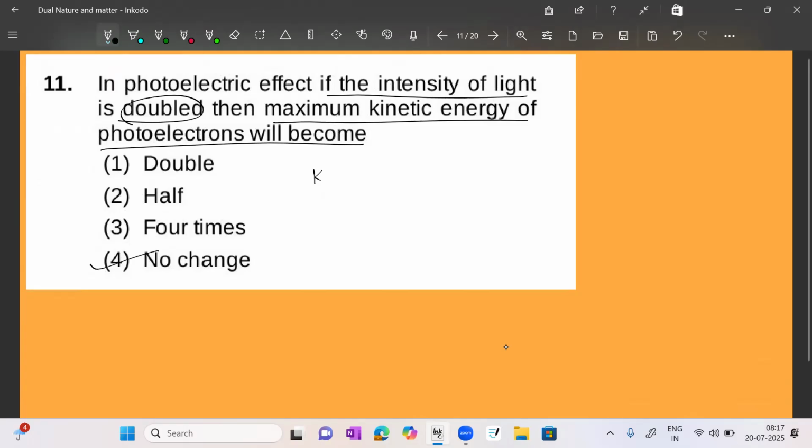Kinetic energy is independent of intensity of light. So no change here. Okay, next.